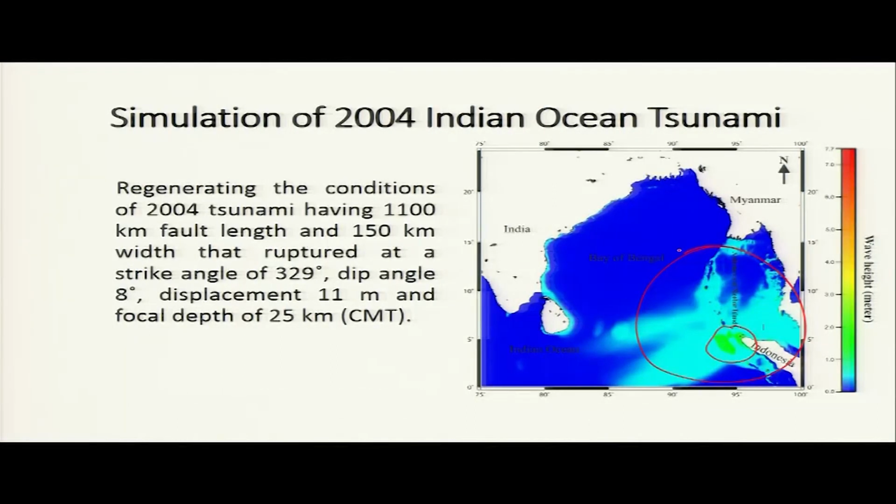see the wave height of this tsunami in the Indian Ocean was way more. It was around 3 to 4 meters in this area, which was the epicenter of the 2004 Indian Ocean tsunami. And in the Indian subcontinent, you can see it was around 2 to 3 meters.